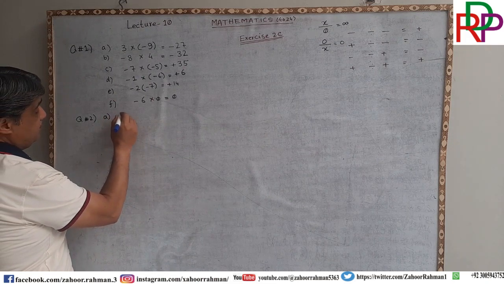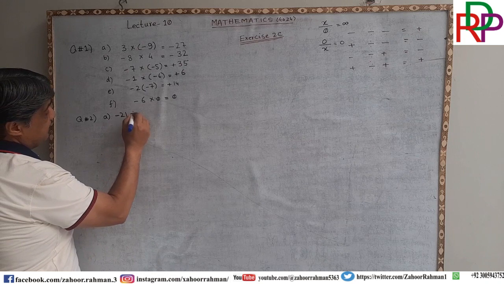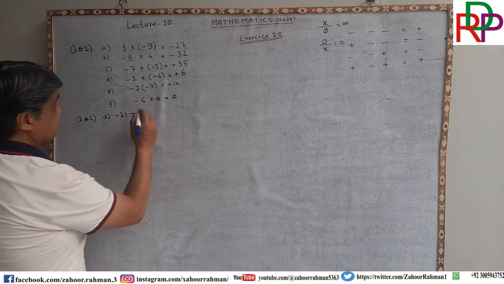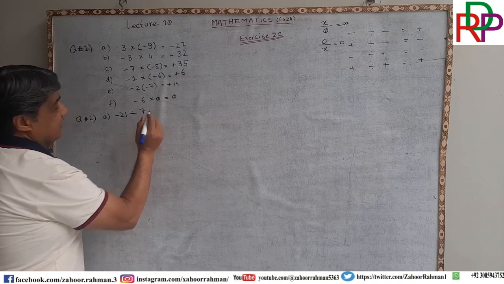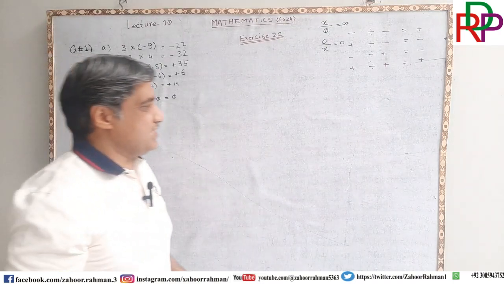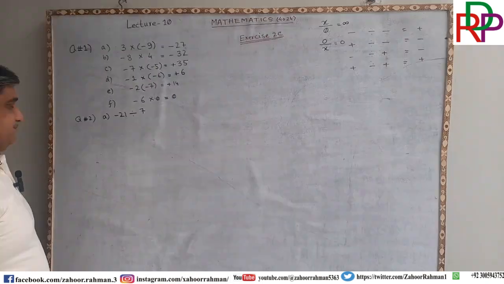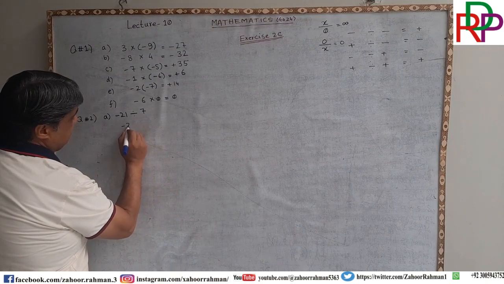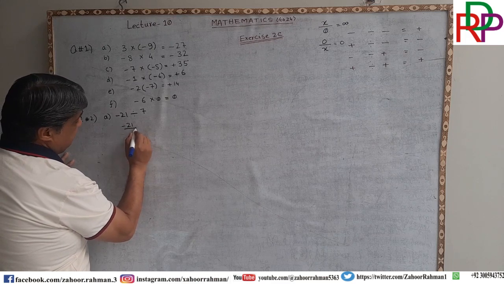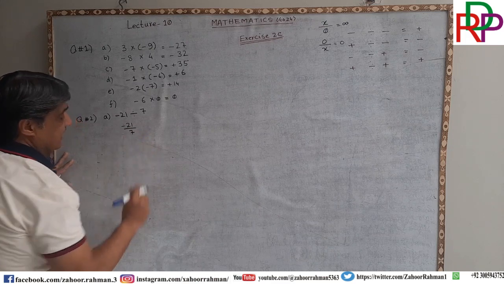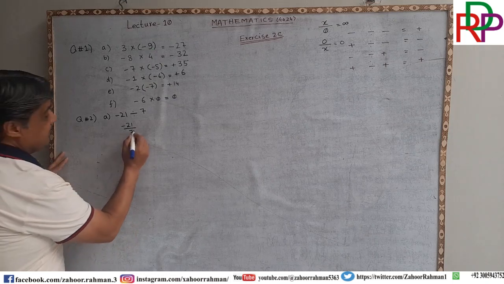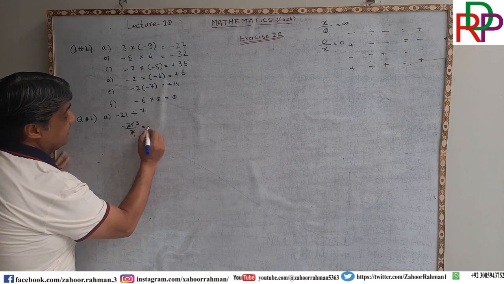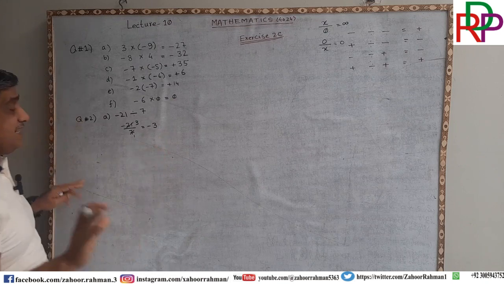Minus 21 divided by 7. Let us do this question in two ways. The first one is minus 21 divided by 7 like this. 7 ones are 7 and 7 threes are 21, so minus 3 is the answer.